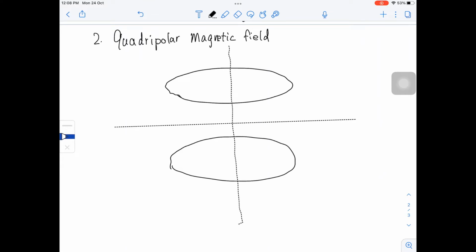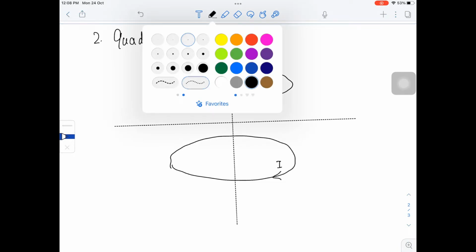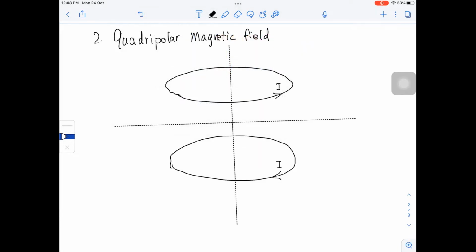We know that for the anti-Helmholtz coil configuration, the currents flowing through the two coils are opposite. And if you use the right hand rule, you can figure out the magnetic field directions. And in our case, it is like this.